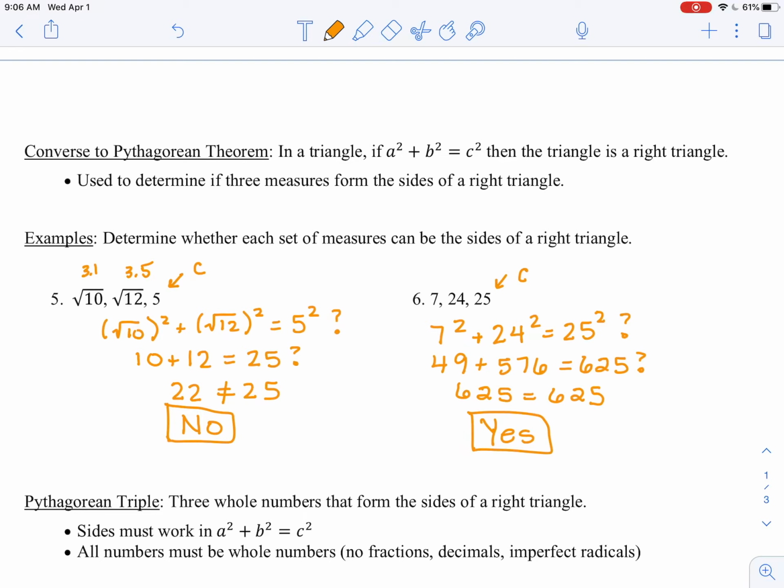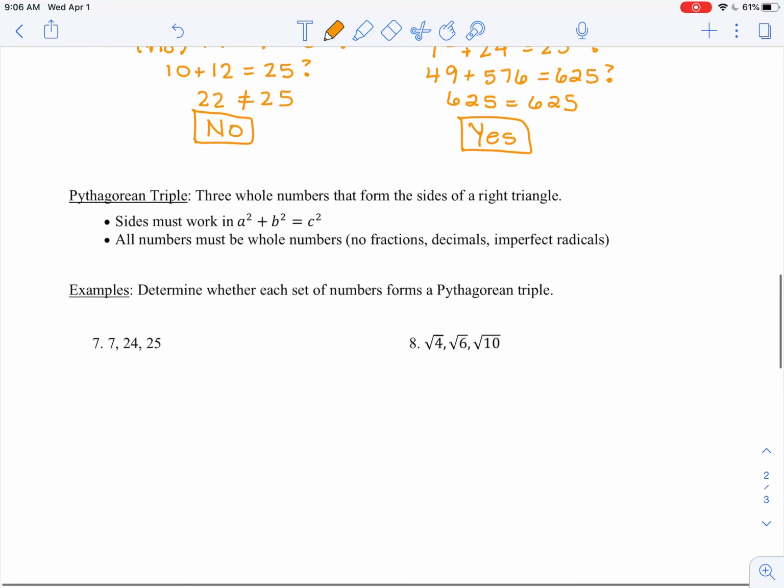And the last part of today's lesson is about Pythagorean triples. A Pythagorean triple is just a set of numbers that are the sides of a right triangle, but they are also whole numbers. So triple, of course, means three things. Pythagorean relates to right triangles.